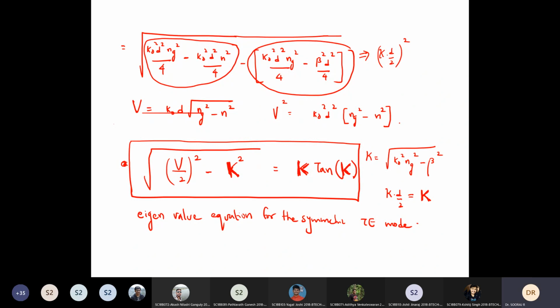Whenever you are trying to solve this equation, ultimately you are trying to solve for beta, because if you plug in all the values, the only unknown remaining would be beta, the propagation constant of the waveguide. Now you cannot directly solve this equation. These kinds of equations are called transcendental equations.